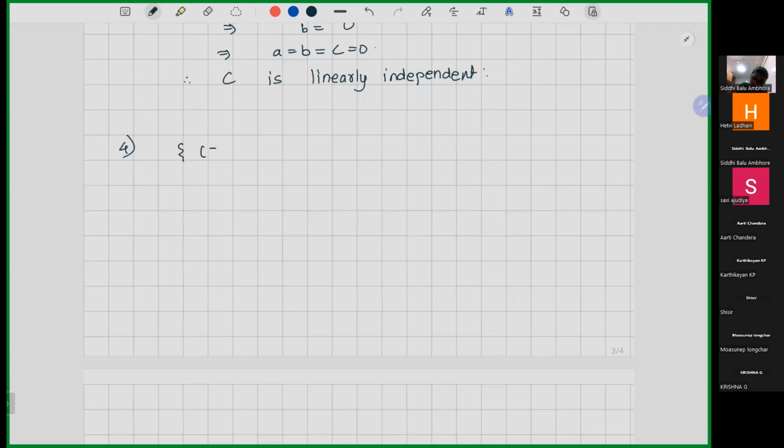And this set: pi comma 0, e comma pi, and 0 comma e in R2. Let me call this set D. Can somebody tell me whether this set is linearly independent or dependent, or what it is?